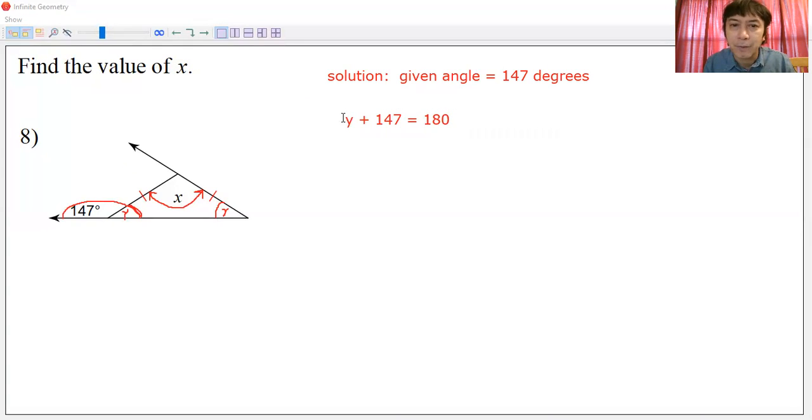And y is equal to 180 minus 147. Okay, and we have angle y. That should be about 33.